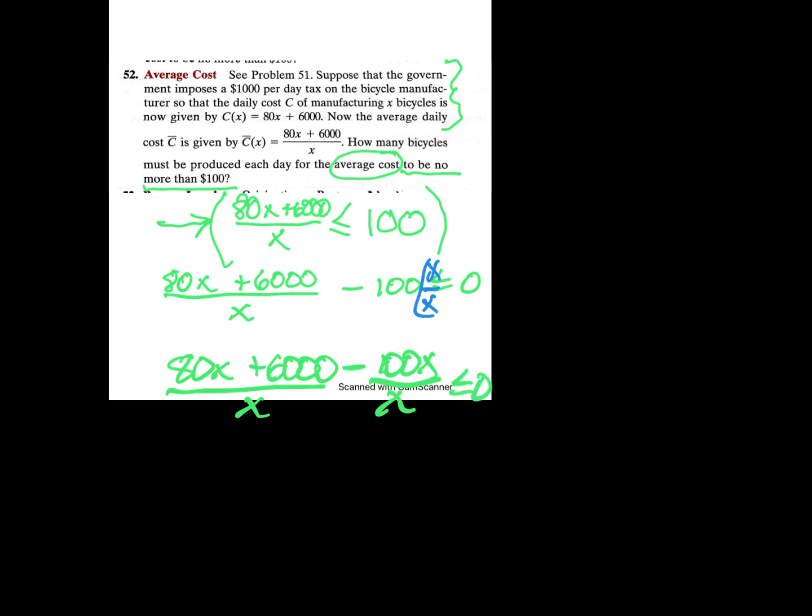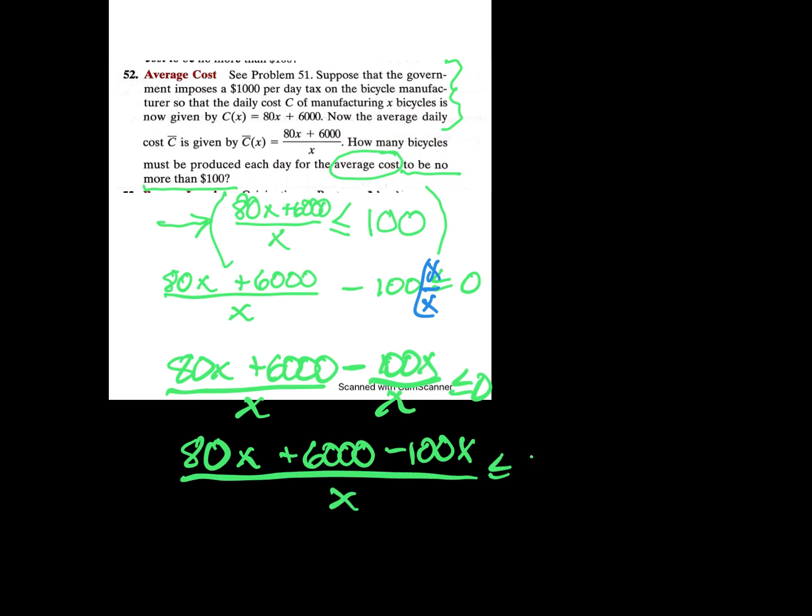Since they're both over x, that gives us 80x plus 6,000 minus 100x all over x less than or equal to 0. And that gives us 6,000 minus 20x over x is less than or equal to 0.